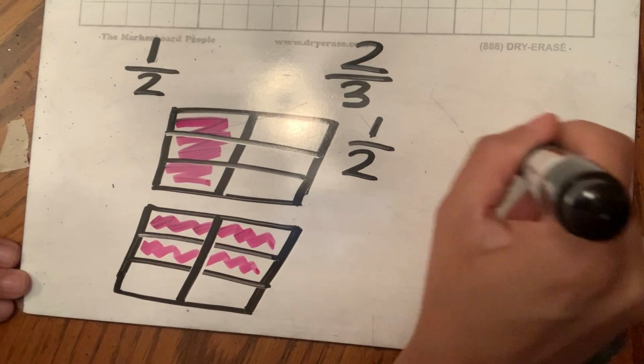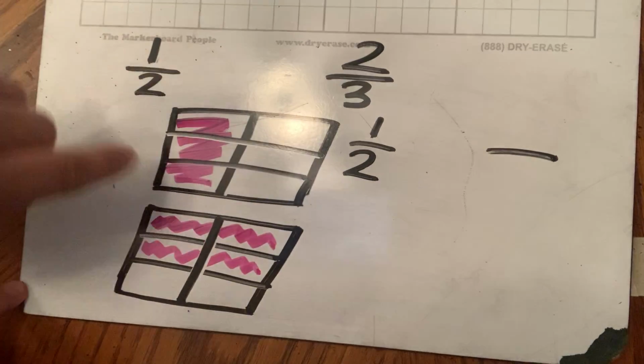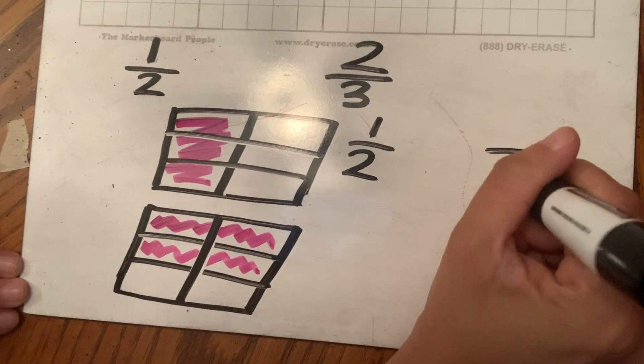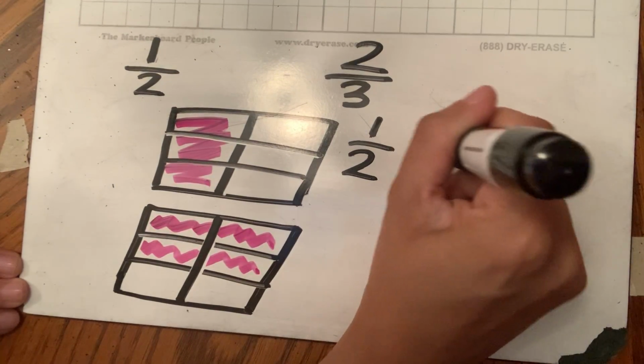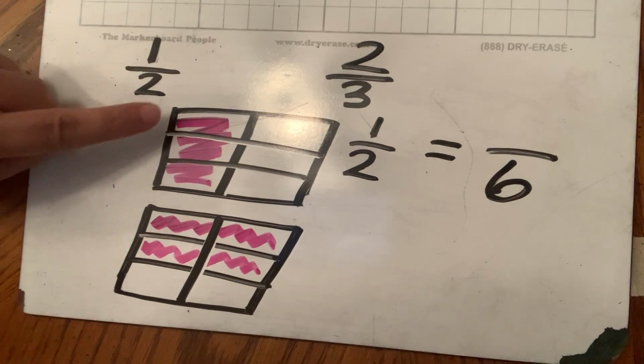what do I have now, boys and girls? It looks like I have 6, right? As my whole. And how many parts are shaded? 1, 2, 3.